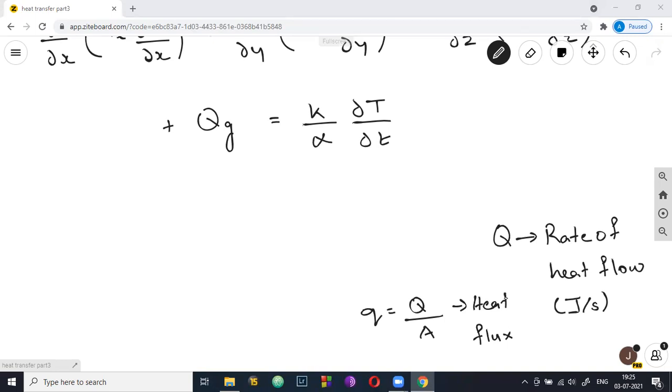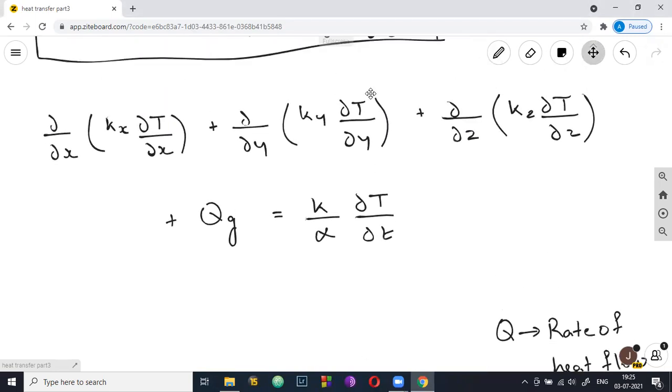Okay. So let me proceed with this problem. Guys, this is the same conduction equation. What I've done here is, I am assuming that my K is not a constant here. The proper way of writing this is in terms of rho C, rather than K by rho alpha. So this is the same equation.